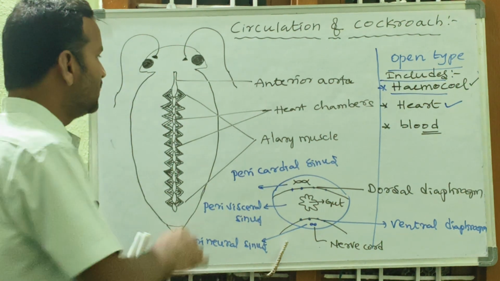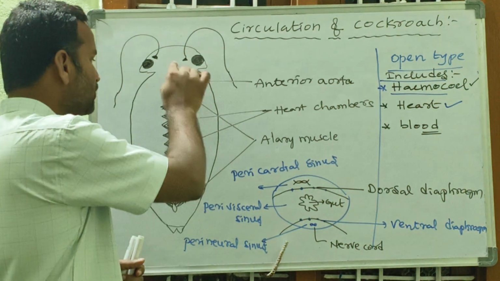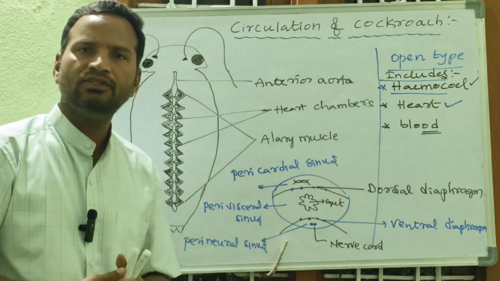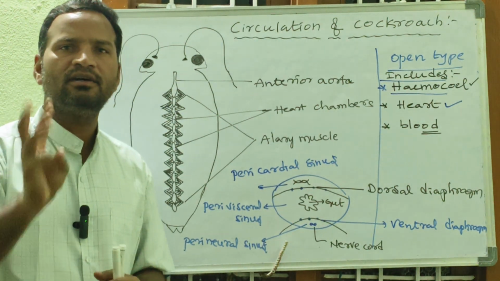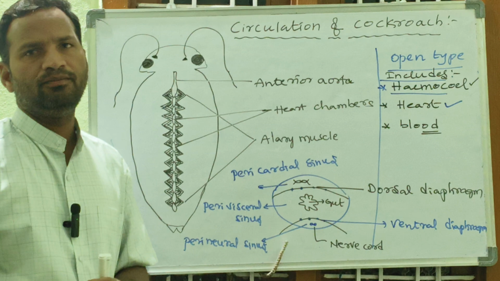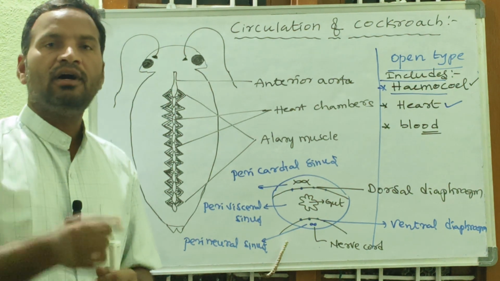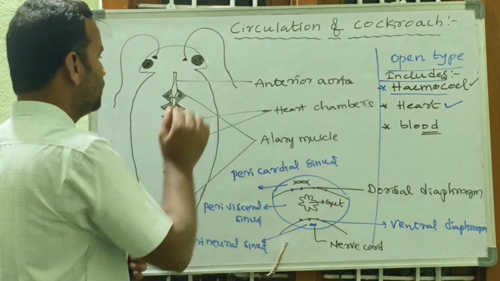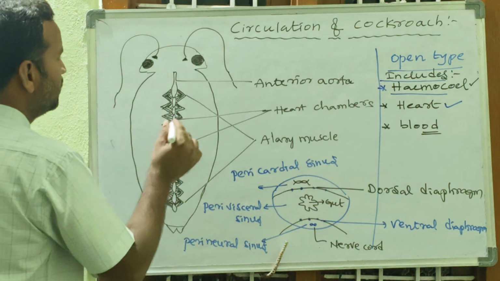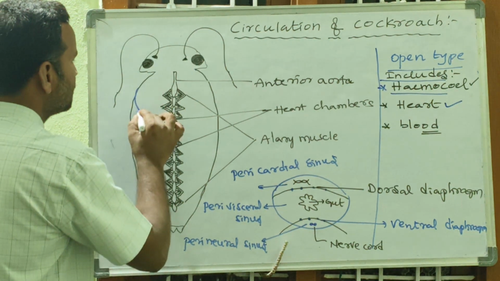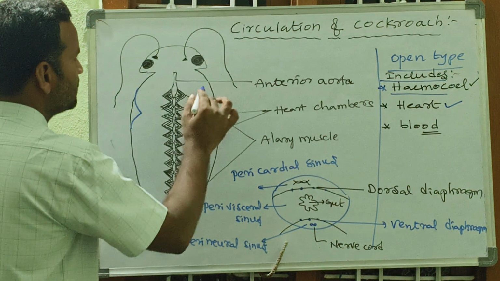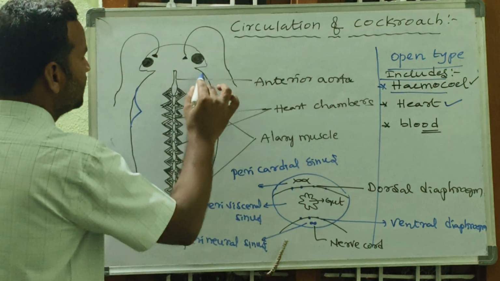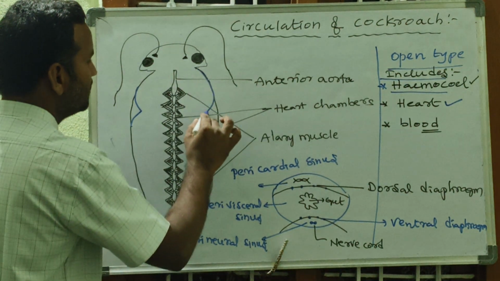The next point: the heart is composed of how many chambers? 13 chambers. Out of 13 chambers, 3 chambers are present in the thoracic region. This is the thoracic region, because only 3 chambers are present in this region.